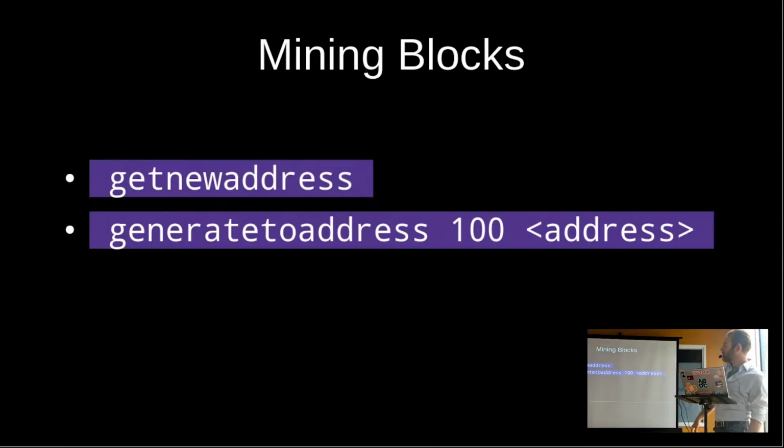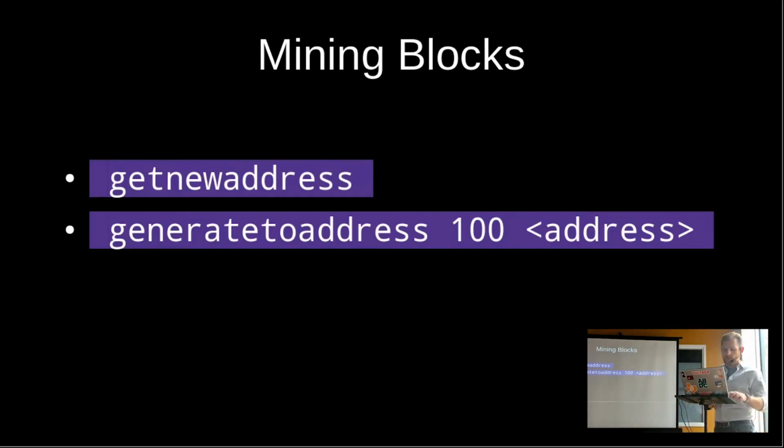What this will do is automatically mine 100 blocks on your new blockchain. And it will deposit all of the money that you get, because you do get money from this. You get the coinbase reward for finding all of these blocks, and it'll deposit it into this address.